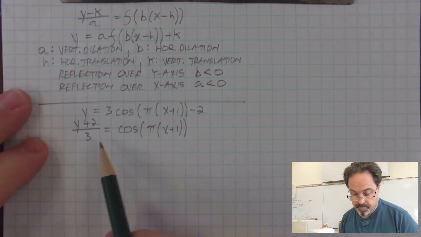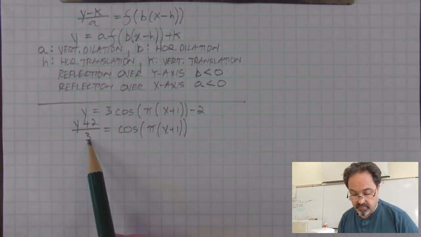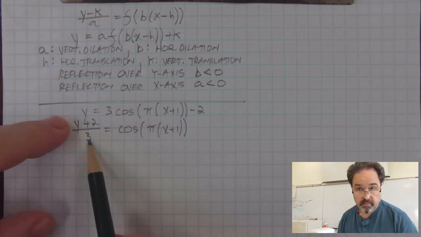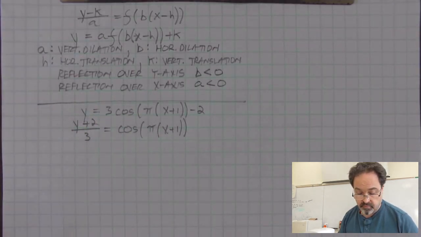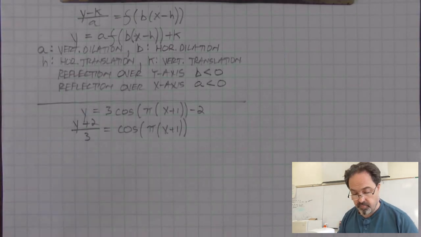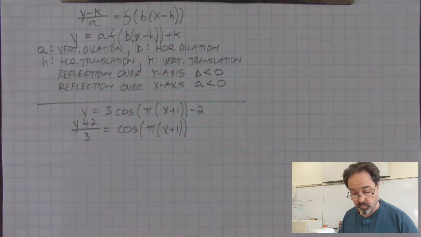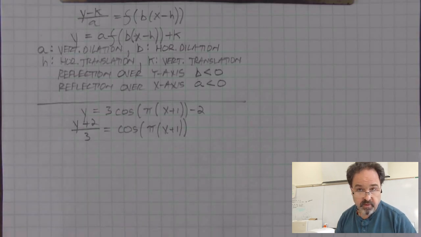Descriptively, I'm going to think of this 3. The 3 is dividing y, so it's going to affect vertical distances. Division by 3 is counterintuitive. Vertical distances are going to stretch. When we see division, we think diminishing, but dividing by 3 stretches.